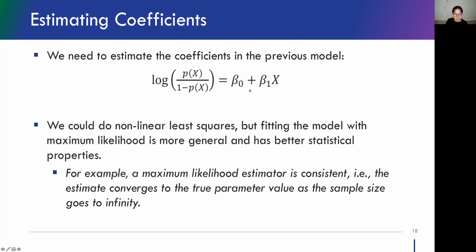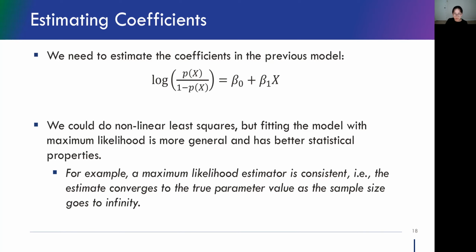We want to estimate beta 0 and beta 1. In this case, we could do a nonlinear least squares, but fitting the model with maximum likelihood is more general, and it has better statistical properties.